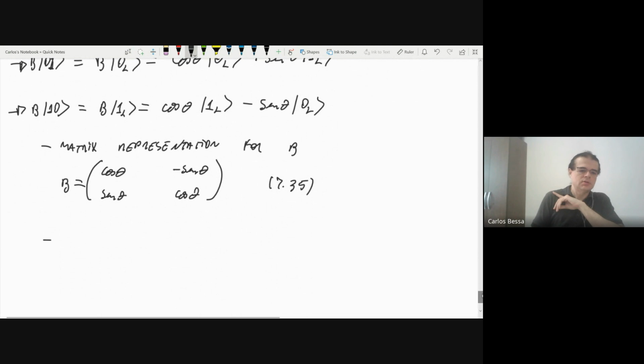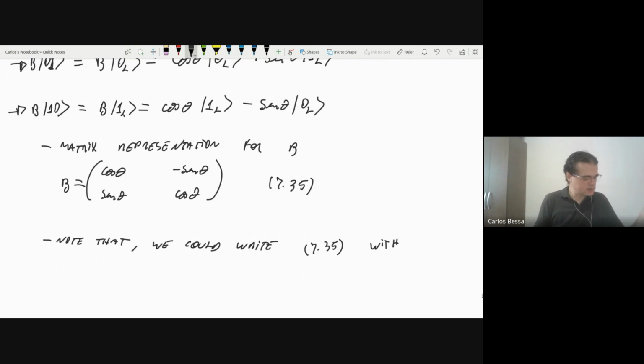Note that we could write 735, that's B, as exponential of minus i theta Y, where Y is the Pauli matrix.